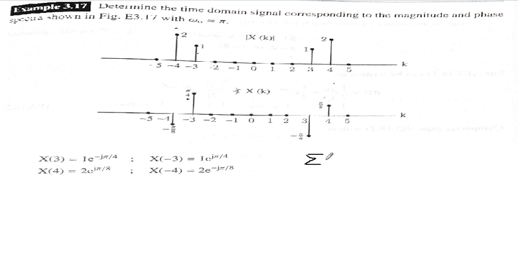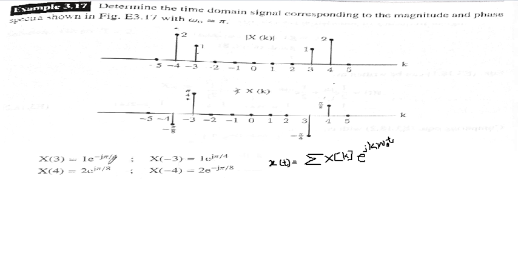As we know, x of t is given by the formula of the Fourier series. So by the synthesis equation we can write x of t is equal to the sum of X of k e raised to j k omega naught t. We have solved the previous problems by using this. The value of omega naught given is pi, so let's substitute that in.